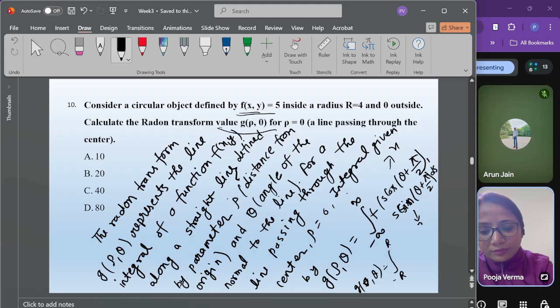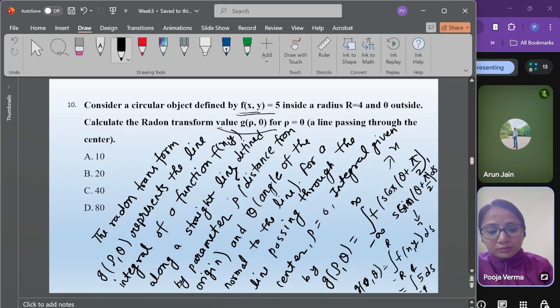Here f(x,y) ds, where the radius inside is minus 4 to 4, and the function is the constant value 5, ds.